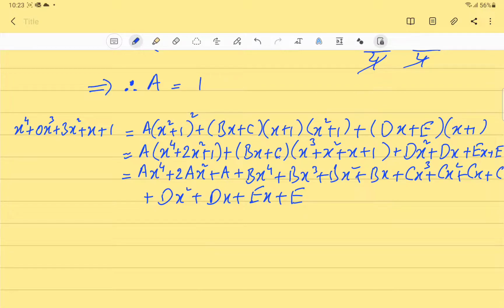Now we will gather the terms with the similar degree of x. So first we will write ax4 plus bx4. Then we will look for the cube if there is any. Yes, we have bx cube and we have cx cubed.